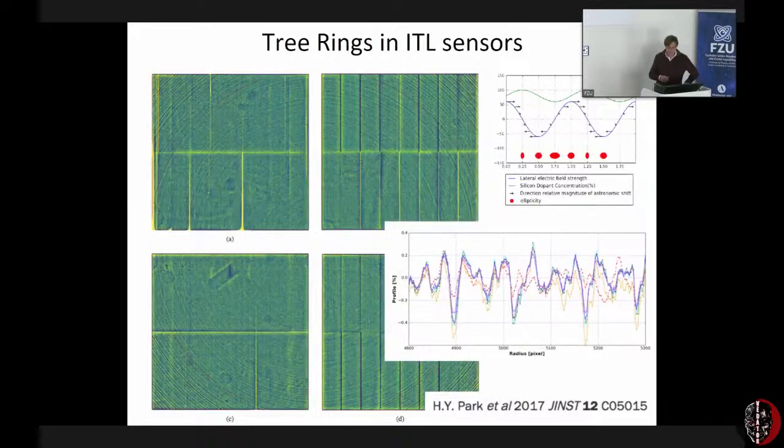Another sensor effect is so-called tree rings, due to the variation of the conductivity of silicon. You end up with something like the rings in trees. When you grow an ingot, as it grows, the resistivity can vary. So when you deplete the silicon to collect the charge, you end up with some built-in lateral fields in the silicon, and that causes both intensity variation and astrometric variation.